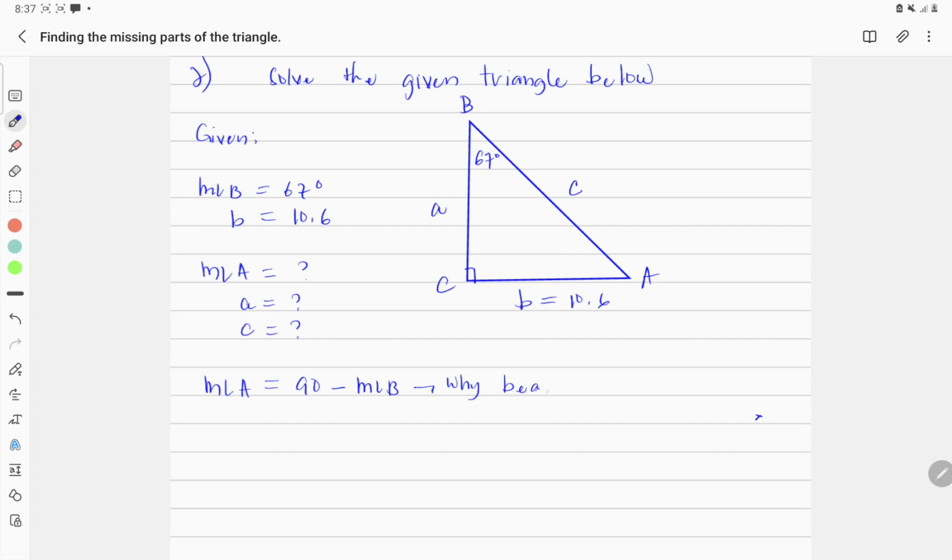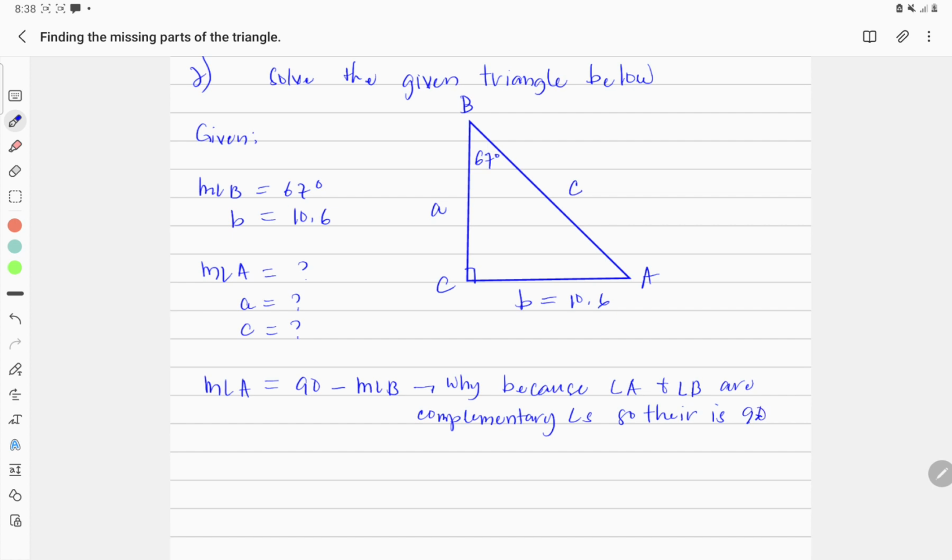Because angle A and angle B are complementary angles, so their sum is 90 degrees.